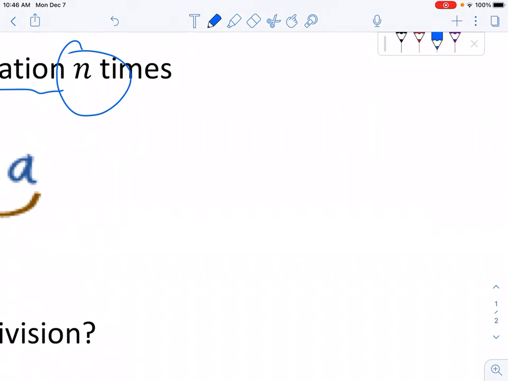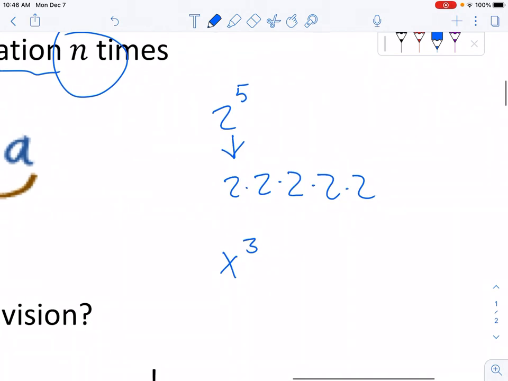And this works with numbers and variables. 2 to the fifth is telling us that we are going to take 2 and multiply it 5 times, 2 times 2 times 2 times 2 times 2. Same thing is true of x to the third. That's telling us to take x and multiply it 3 times. Okay?